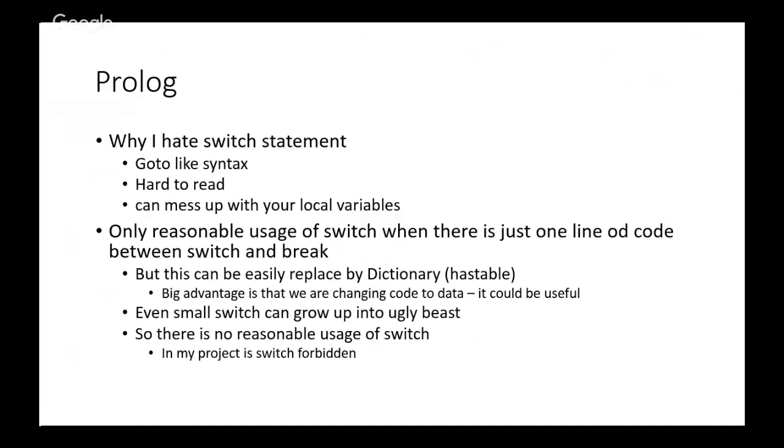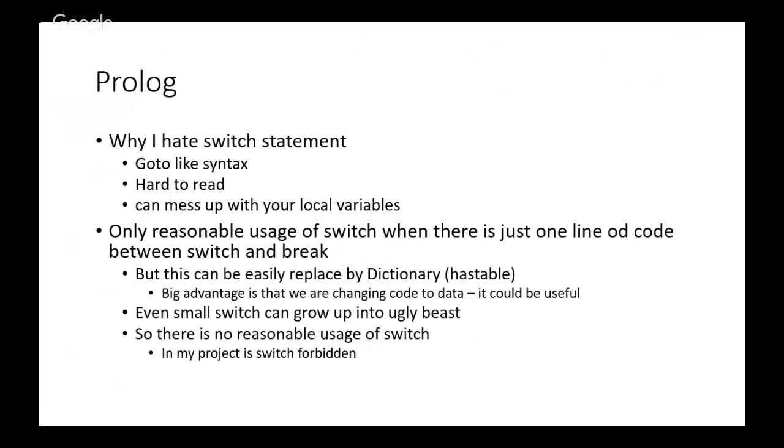Sorry? Can that line of code be a method? Yeah, of course, sure. But in this case, I say that it's easy. You can simply replace it by a hash table. So you prevent the situation that you start with this very small switch with just one line of code, and then it could grow up to something really ugly.